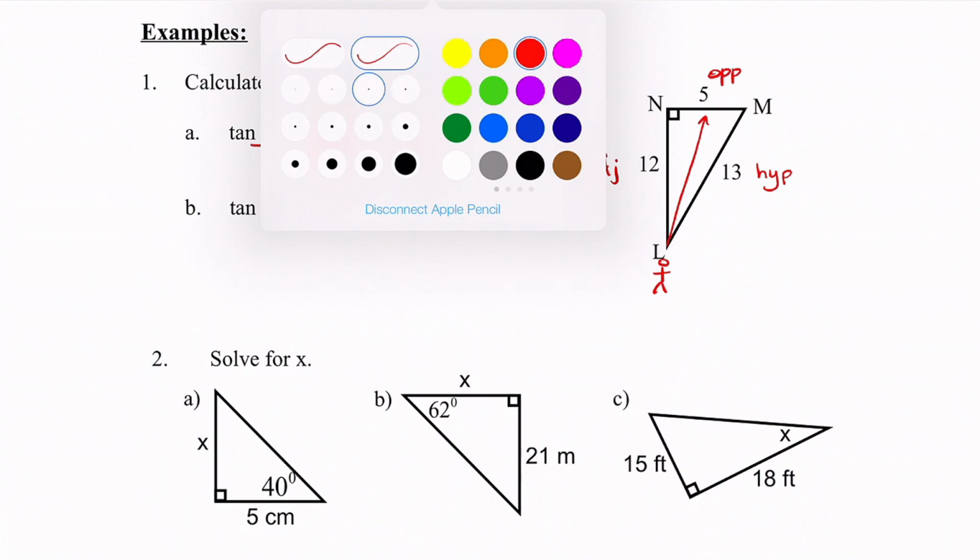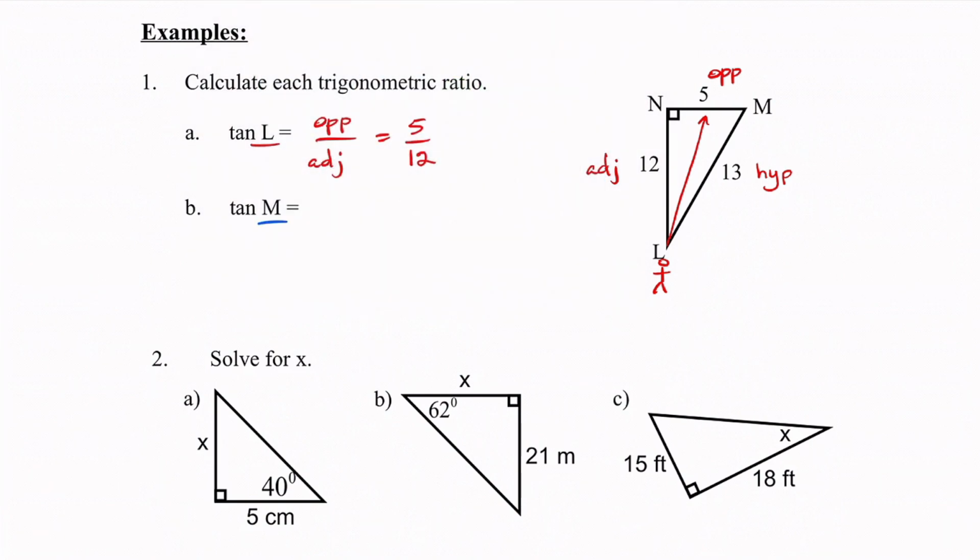Then we're going to do tan of M. So now I'm going to be at the M angle, so I'm going to erase everything on my triangle. Now we're standing here, and we're going to label our sides. Now the hypotenuse hasn't changed. Hypotenuse is always the longest side, but the opposite and the adjacent have now switched.